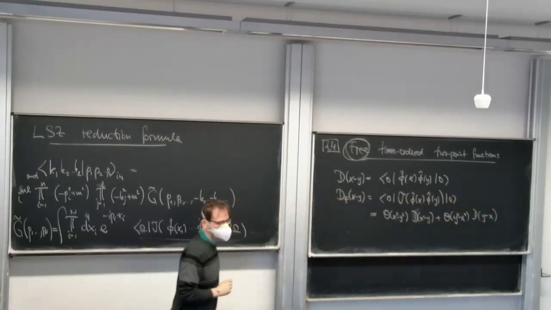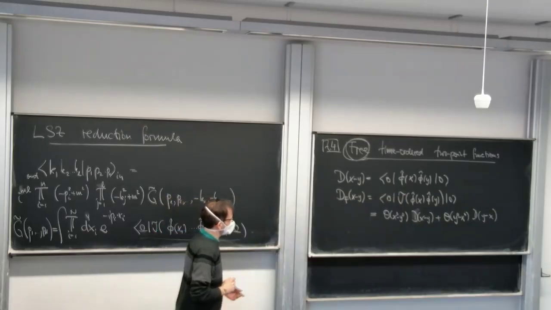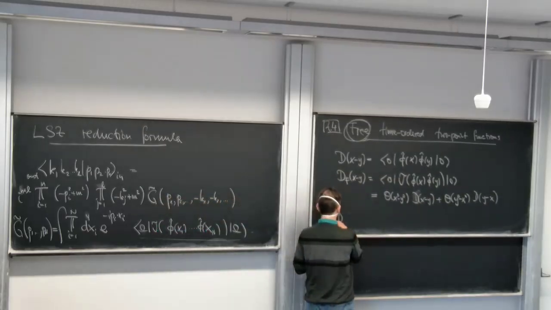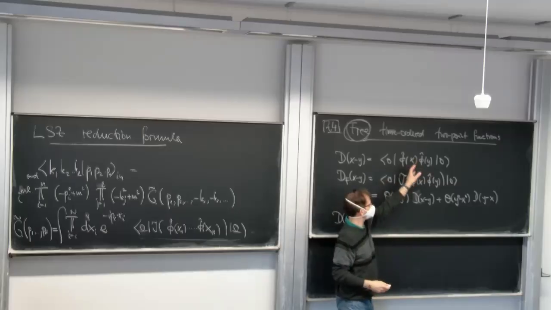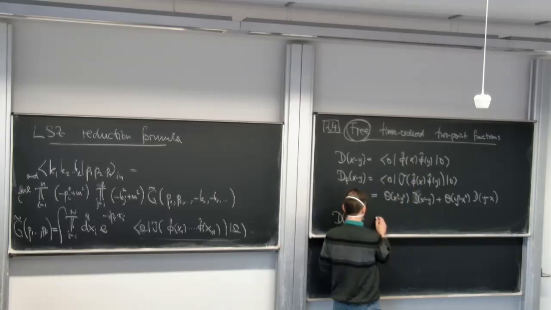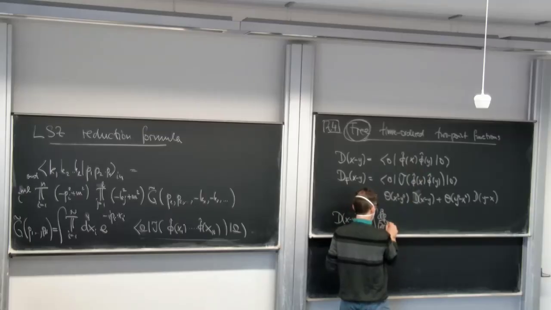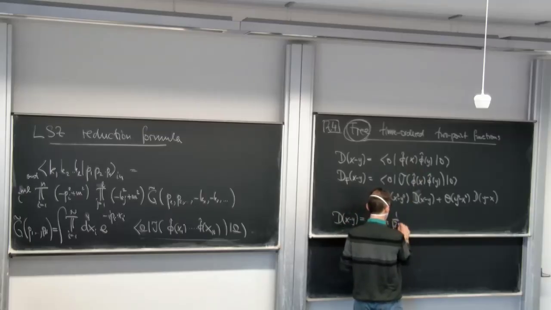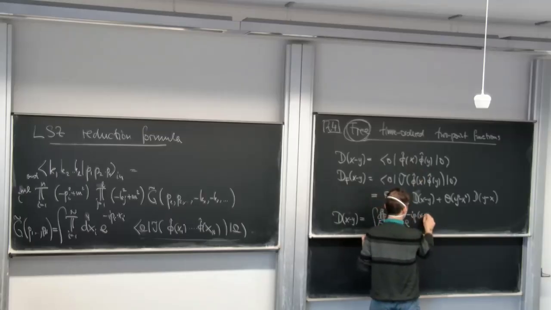So that's a relation. And we had an expression earlier from plugging in the mode expansion and using the commutation relation for the creation and annihilation operators, as this thing: the integral d^3 p over (2π)^3, 1 over 2 square root of E, e to the minus i p times (x minus y).